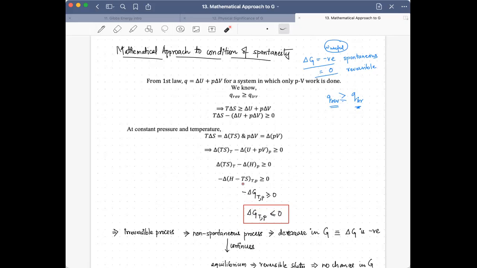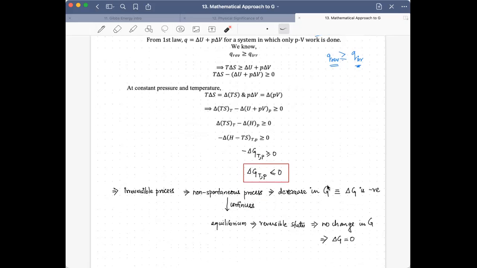This directly gives you a criterion: for an irreversible or a spontaneous process, delta G is less than 0, which means it's a negative value.